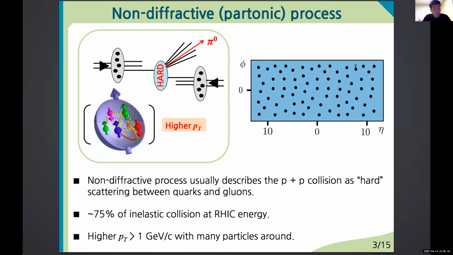About 75% of inelastic collisions at LHC energy are expected to be the non-diffractive process. If the measured π0 has momentum larger than 1 GeV/c, we consider it comes from this process, and there are usually many particles around it.